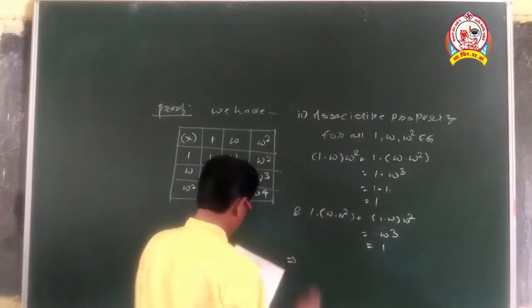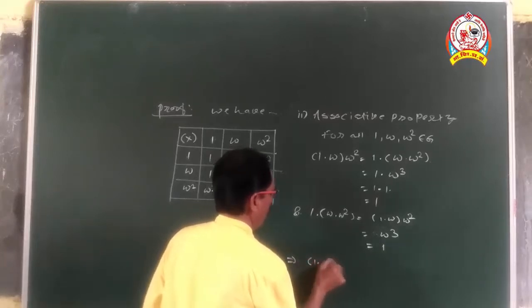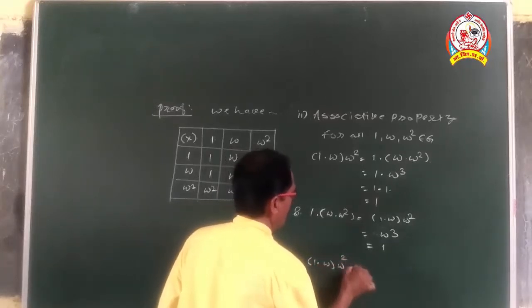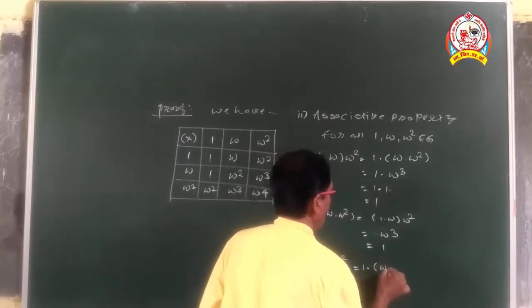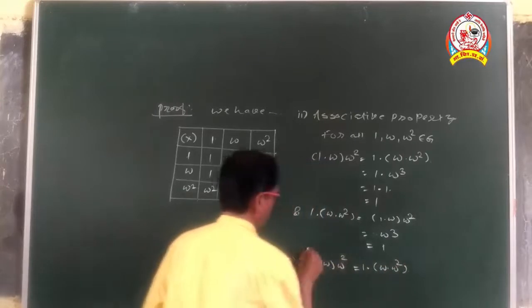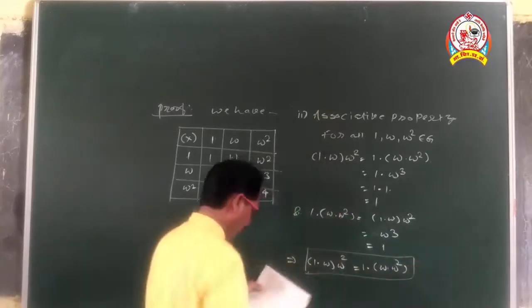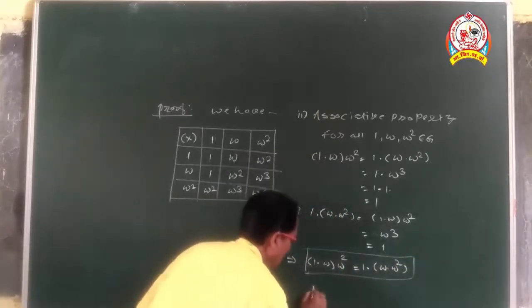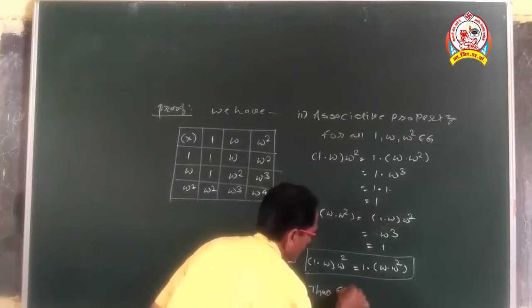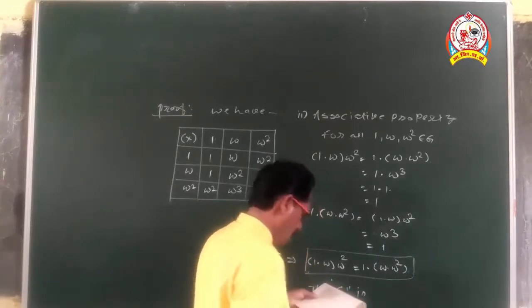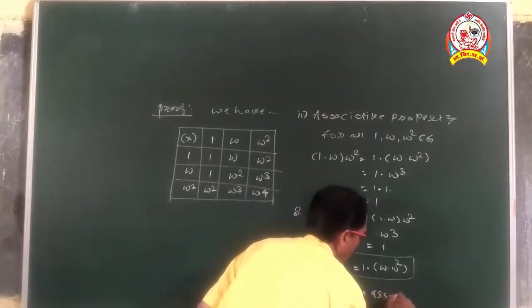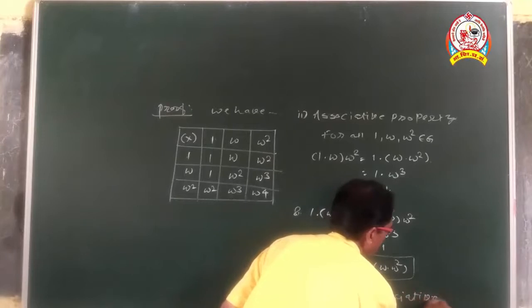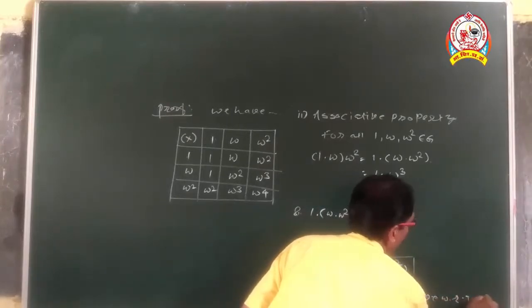This implies that (1 into omega) into omega square is equal to 1 into (omega into omega square). This property is satisfied. Thus G is associative with respect to the binary operation multiplication.